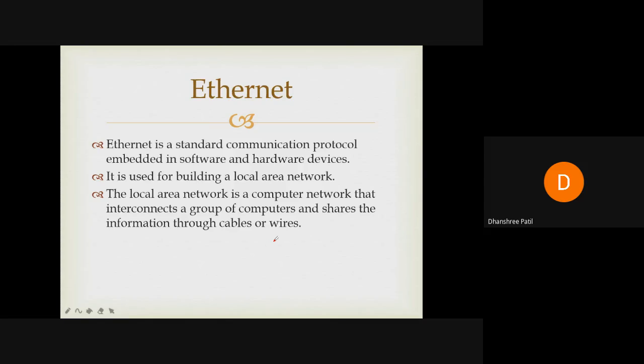Ethernet is a standard communication protocol embedded in software and hardware devices. Before that, I just want to tell you that these names are fixed. These names are defined by IEEE standards. They give the names to each and every term which we are using.